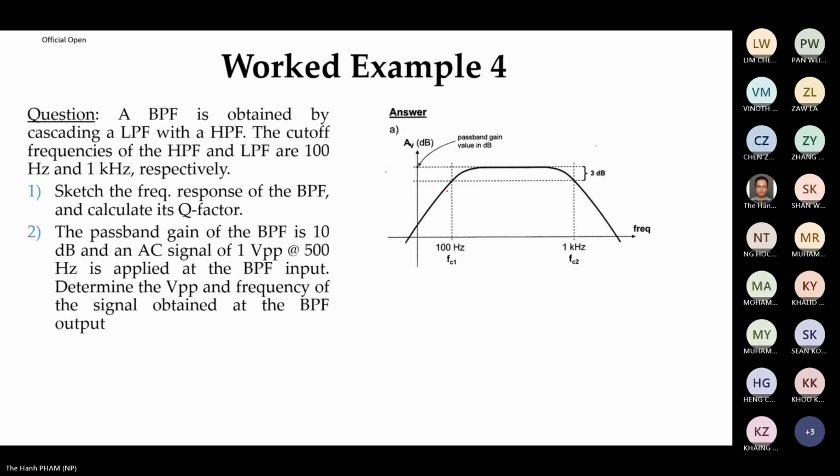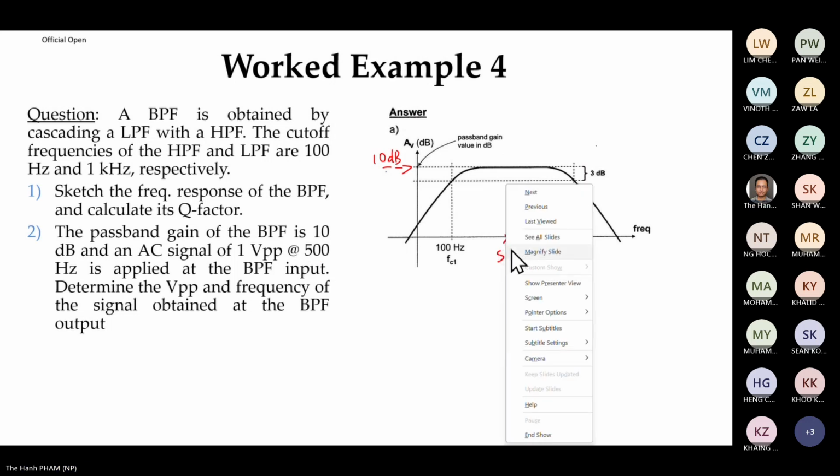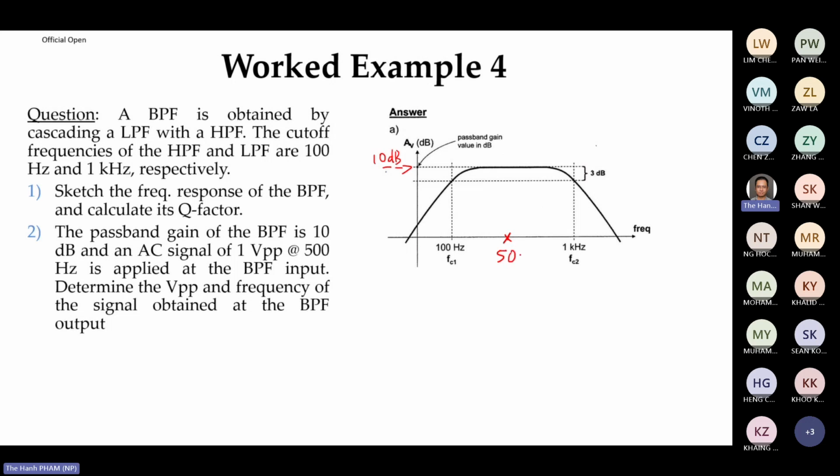Now, this gain is 10 dB. And your signal has 1 volt VPP, 100 Hz. So where is 100 Hz? Here, right? Here, 100 Hz. So 100 Hz is in the pass band.